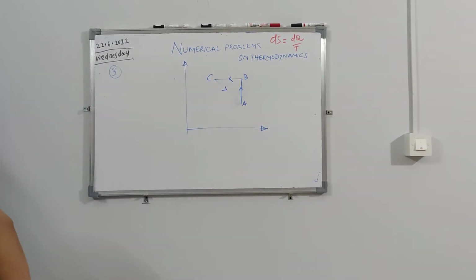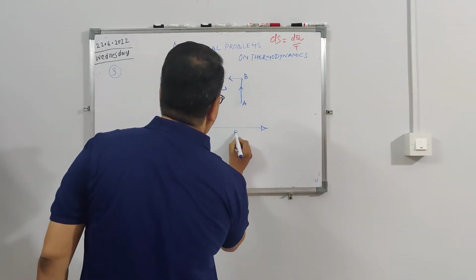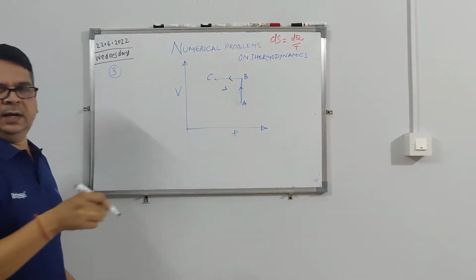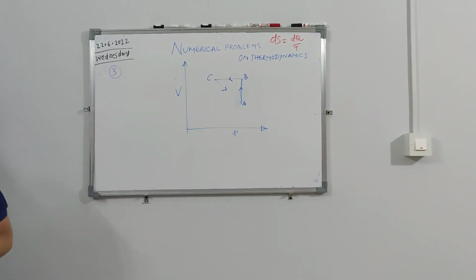Okay, so they have given pressure on the x-axis and volume on the y-axis, instead of a PV diagram it is a VP diagram. Whatever it is.